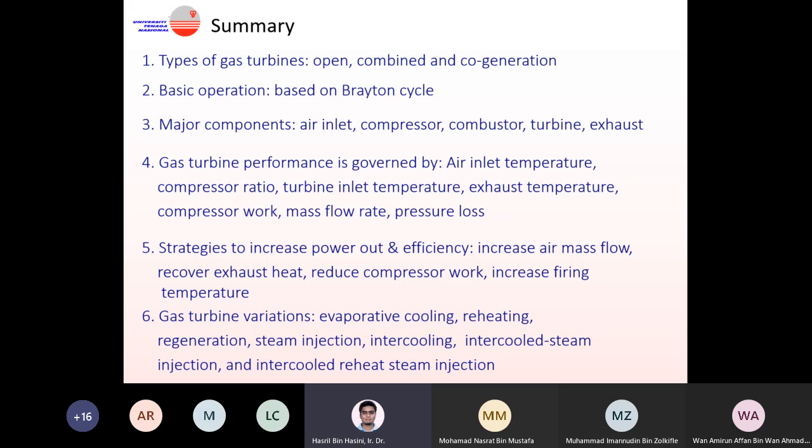Intercooling is to cool down the air at every stage in your compressor, and then the rest is just a combination of one, two, or three systems in one whole system: intercool plus steam injection, intercool plus reheat, and also plus steam injection. Okay, so that is basically the summary for this topic on the gas turbine.